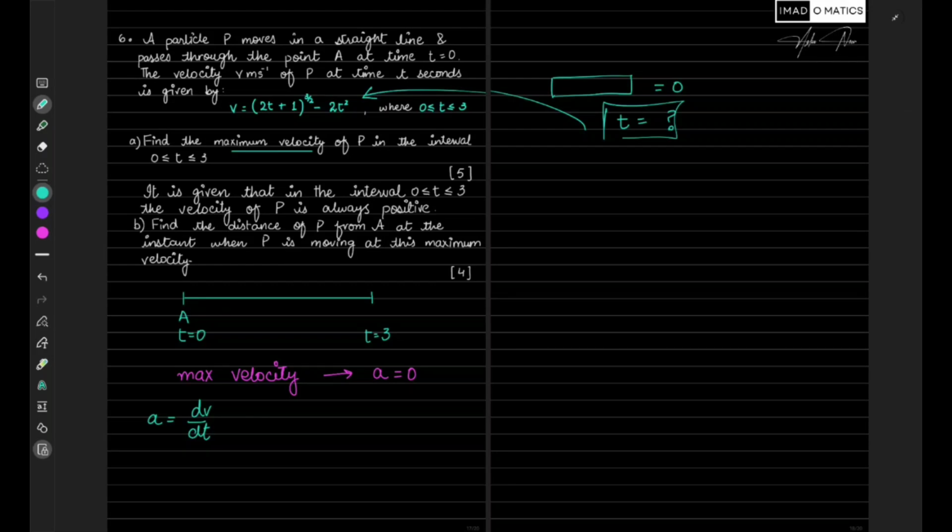So let's begin. For the maximum velocity, the acceleration at that point must be 0.